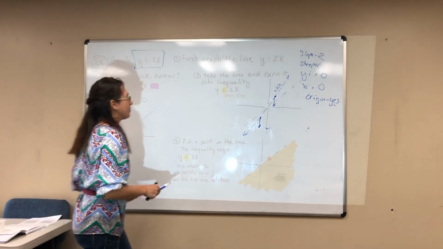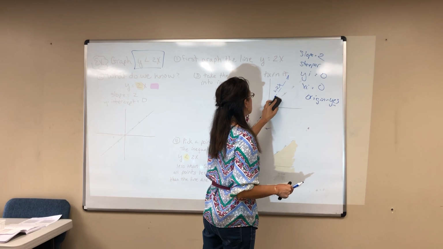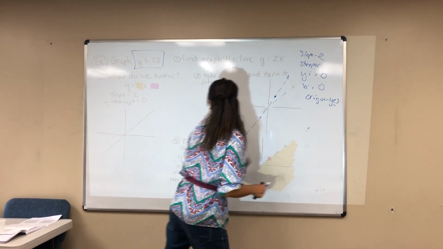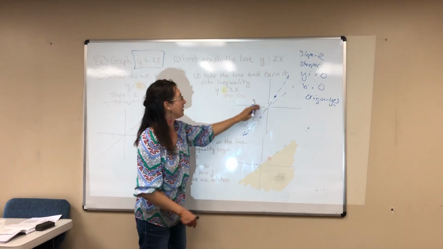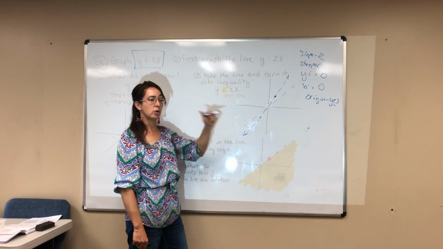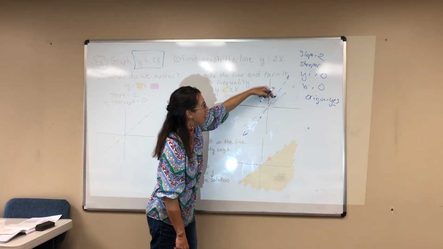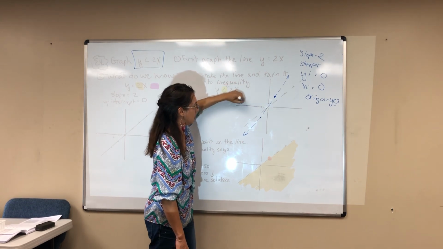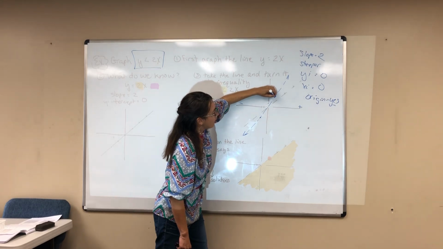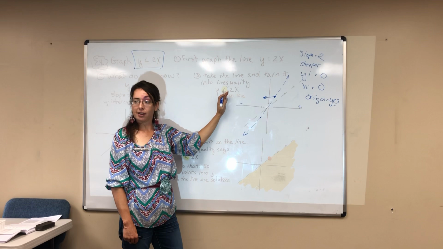Now, if this has an x is less than, and I have drawn my line and they're asking me about x values, x values go left and right. So now I'm going to take my point, and where are my less than x values? Negative, on the left. So I'm going to shade that section.